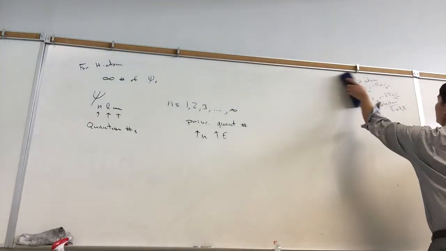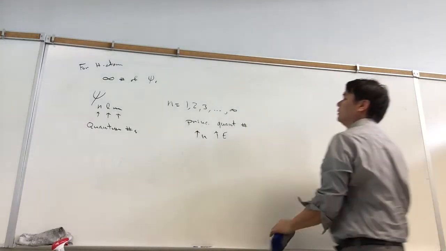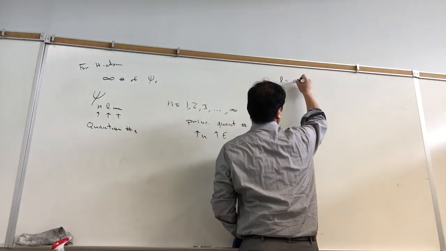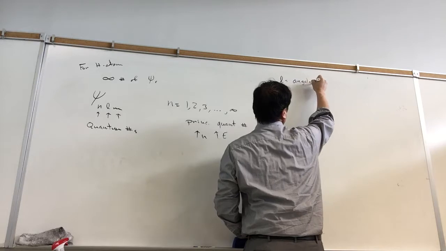L is called the angular momentum quantum number, or azimuthal quantum number. We'll just call it the angular momentum quantum number.